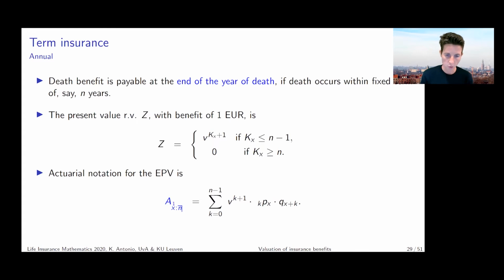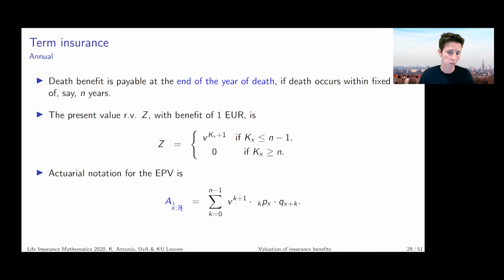If you look at the valuation formula, we'll see that our k ranges from 0 to n minus 1. That's because the current future lifetime, the kx, can only take as the maximum value n minus 1 in this setting. We've got v to the power k plus 1 because we pay the €1 benefit at the end of the year of death.